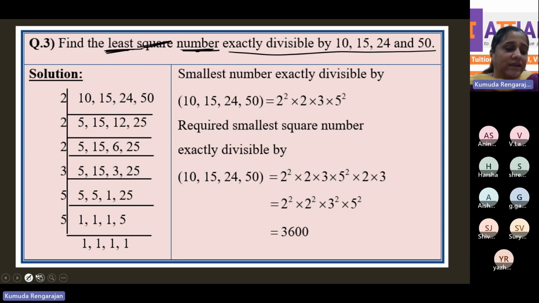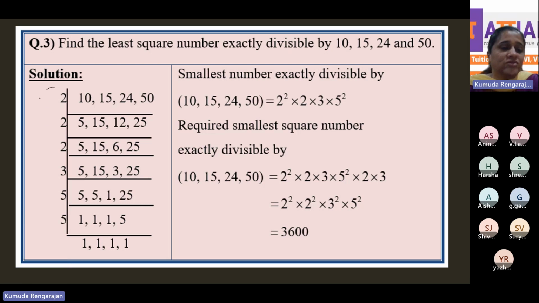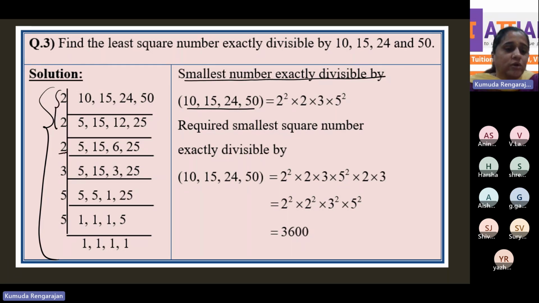And we know how to find the LCM of the given numbers by the prime factorization method. That is the procedure you see here, and you're all aware of this. So perform this procedure. And you don't have to mention LCM. The smallest number exactly divisible by the four numbers is equal to 2 square into 2 into 3 into 5 square.